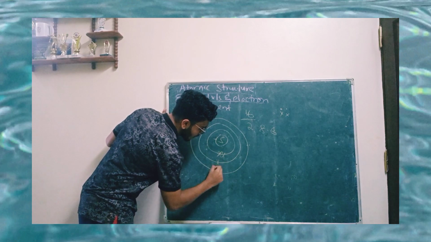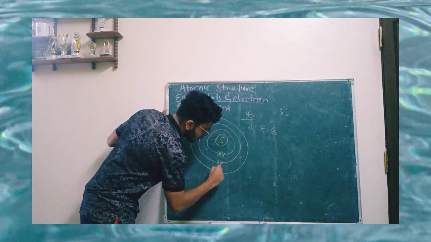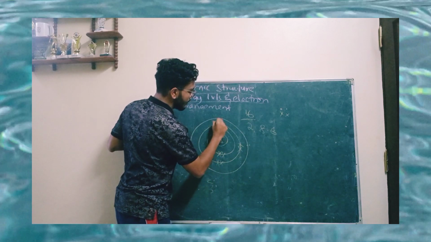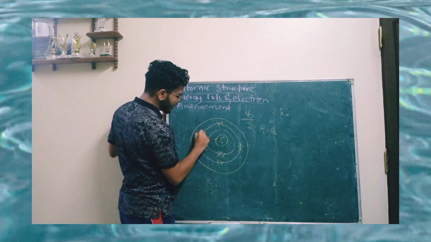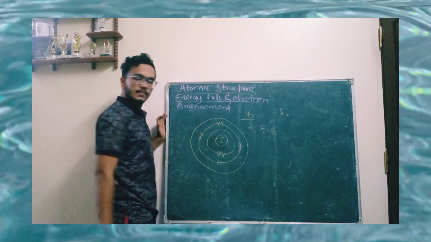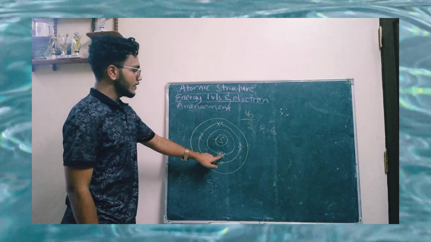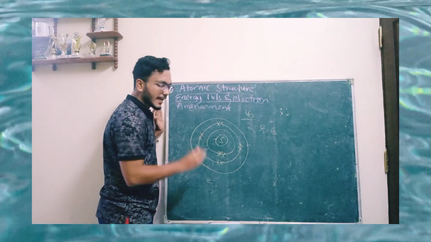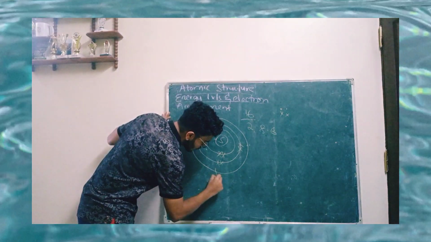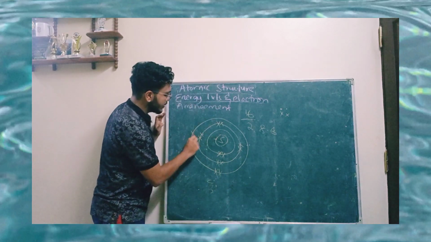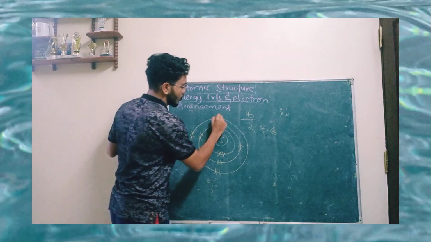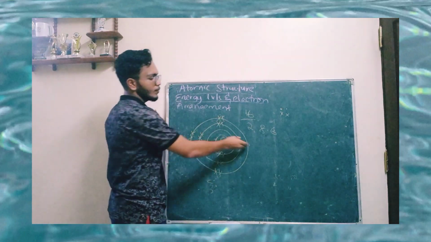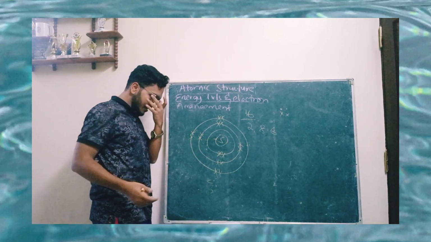So you have 2 on each side of the circle: 2 on the right side, 2 on the upper side, and 2 on the left side. How many are these? 2 and 8, 10. How many are left? 6 are left. So you can put any 2 in pairs, 2 here, 2 here, 2 here. Instead of putting these 2 here, you can also put them here. There is no problem. It is all the same.